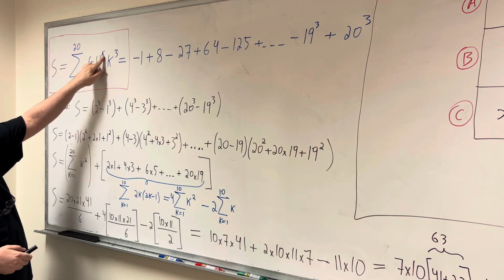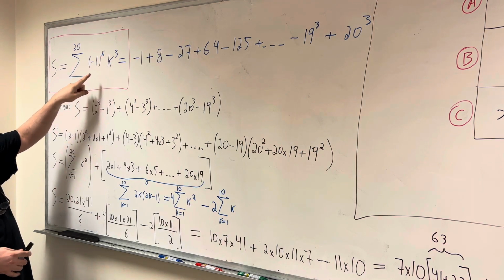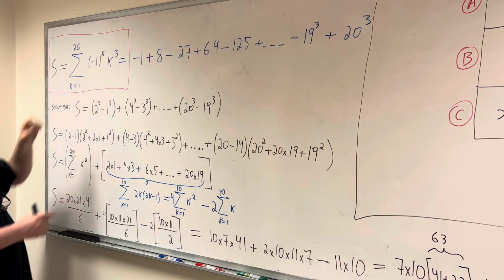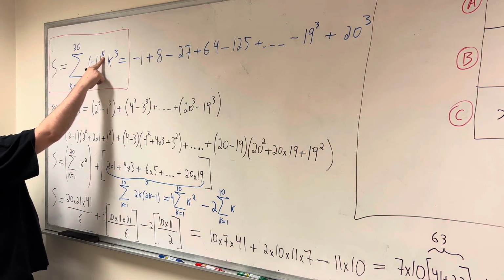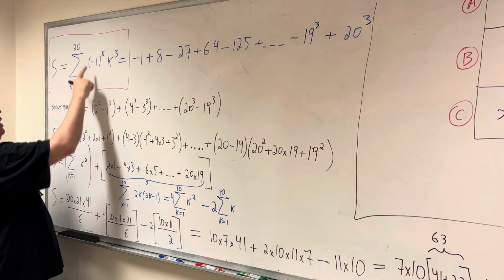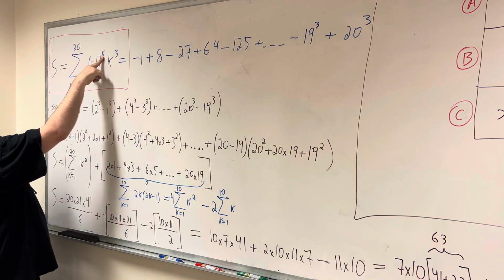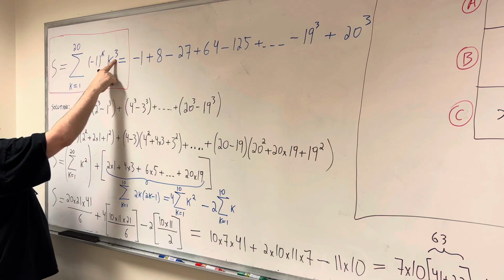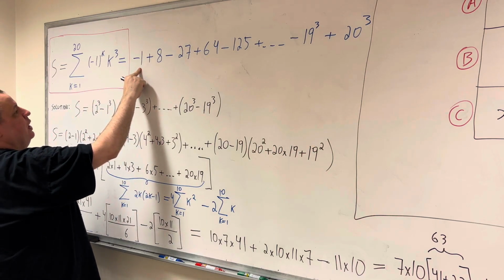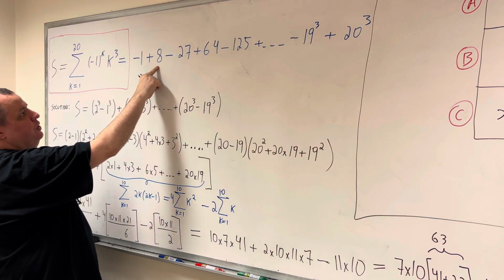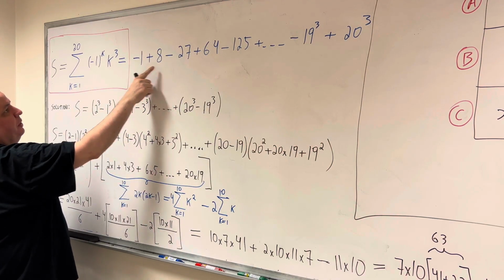So this is minus 1 to the power k. When k is an even number, that's a positive one, so it doesn't change anything. But when k is an odd integer number, 1, 3, 5, 7, up to 19, this is a negative. So this summation of alternating cubes means minus 1 cubed, which is minus 1, then 2 cubed, positive, becomes 8.